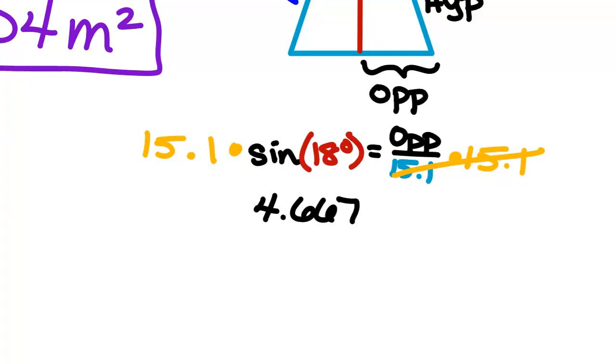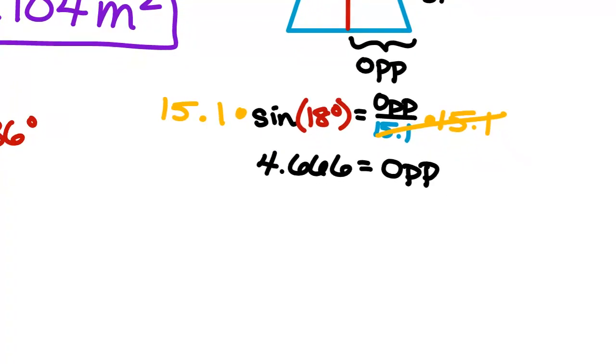I'd take either one. There's my opposite side. Oh, it's 4.6661, so we should have 4.666. My apologies. I thought it was just a 6 repeating. 4.666 for the opposite side.